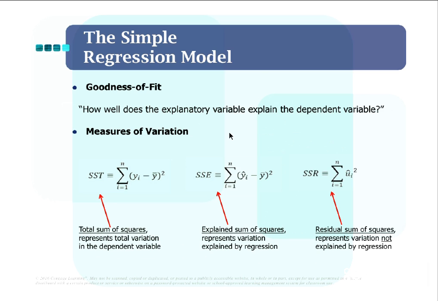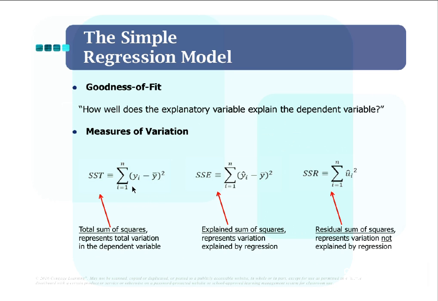So what we do is compare these three measures of variation. First, we look at the total sum of squares of y. It measures the variability of y.